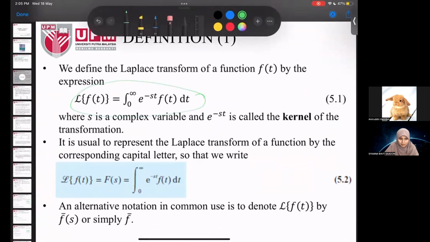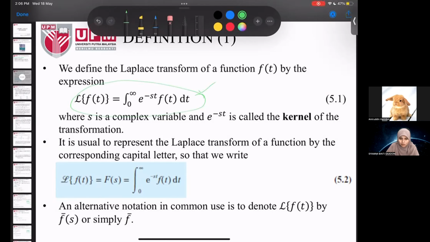We write the Laplace transform as L of a function f(t). It is expressed in terms of the integral from 0 until infinity of exponential minus st, f(t), dt. So this is how we describe the Laplace transform function.